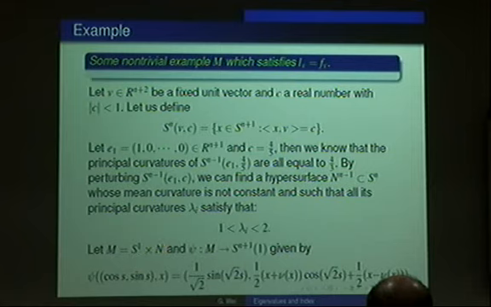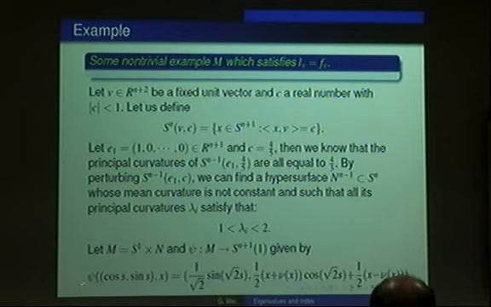Here N is the capital N, and we define this immersion phi from M to the unit sphere given by this equation. Here s is a parametrization of S1, and x belongs to the capital N.